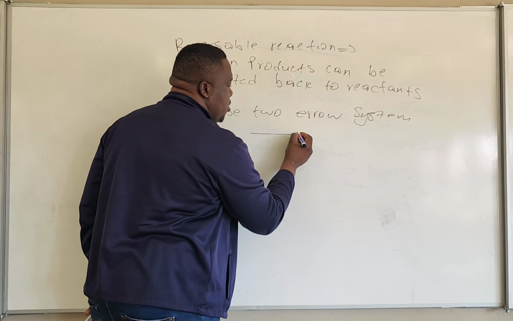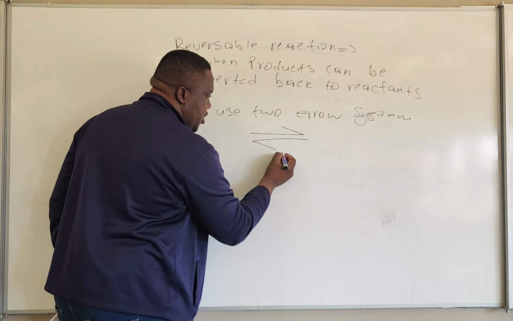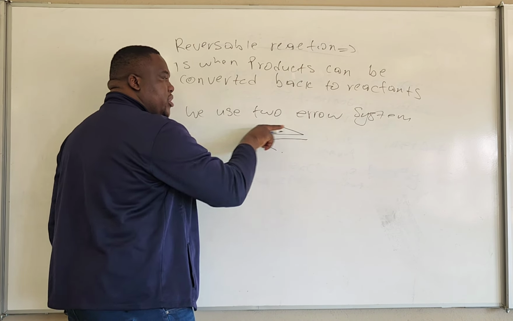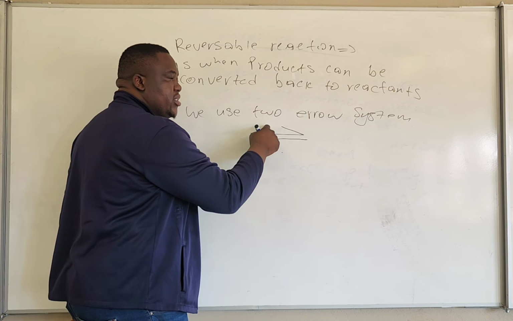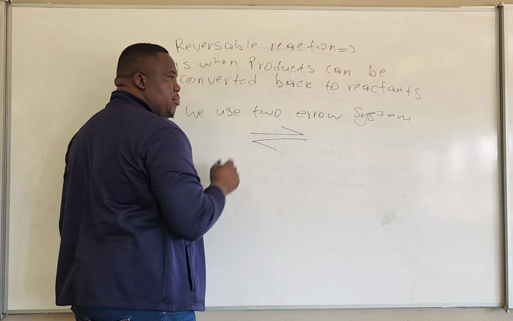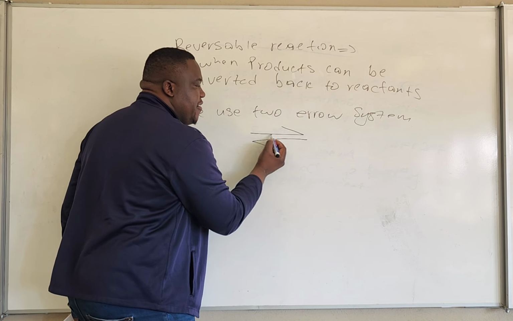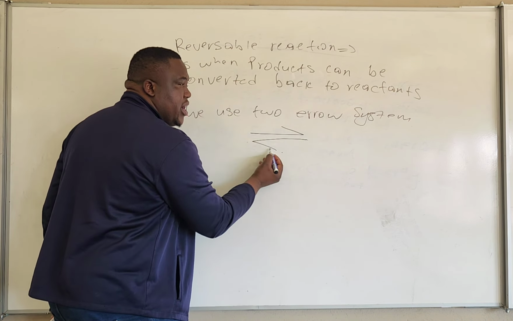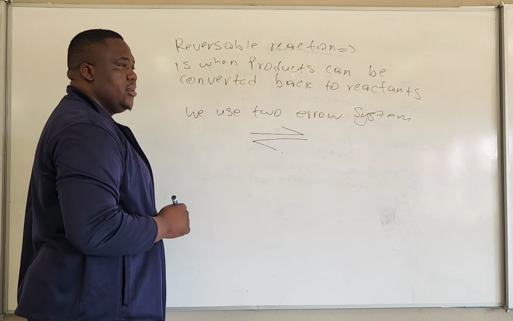You will see an arrow which is pointing forward and another arrow which is pointing backward. These arrows represent a reversible reaction. It means that reactants can be converted to products and products can be converted to reactants. This is a reversible reaction.